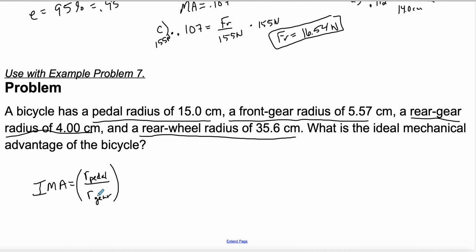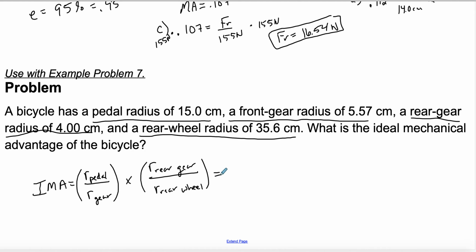Our front gear will be connected to the rear gear, so the radius of the rear gear over the radius of the rear wheel. So you can see with our compound machine, we have to have all of this information, and we can throw everything in there.